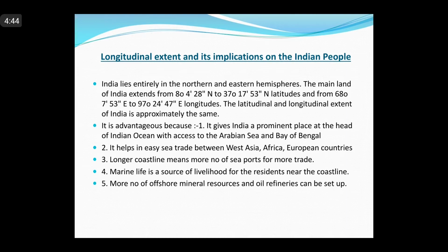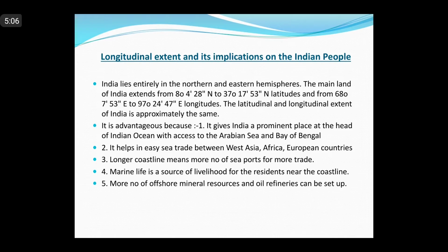This is the latitudinal and longitudinal extent. But as far as the extension and its impact is concerned, it is advantageous because it gives a prominent place at the head of the Indian Ocean with access to the Arabian Sea.